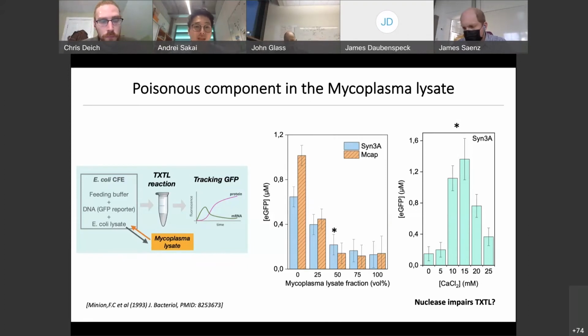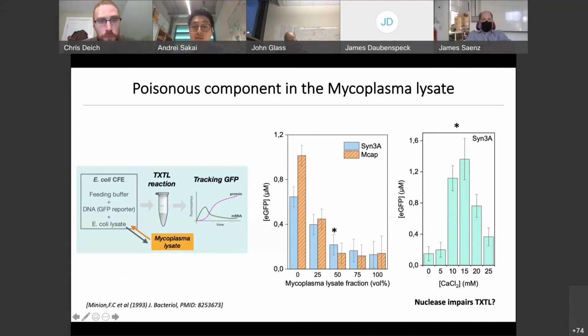So we designed this assay using the E. coli cell-free expression system because we know that it works well as a positive control. And what we did here is we replaced the E. coli lysate in this cell-free expression system with the mycoplasma lysate. As you can see in this middle graph, we just have increasing amounts of mycoplasma lysate in the E. coli cell-free expression system.